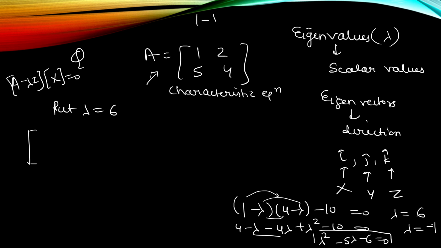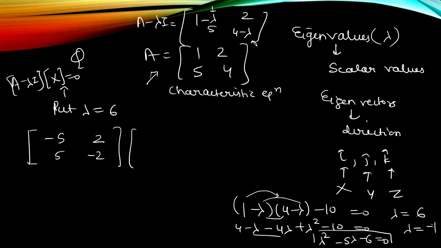A minus lambda I is 1 minus lambda, 4 minus lambda, 5, 2, right? This is your A minus lambda I form. So if you place lambda as 6 here, 1 minus 6 is minus 5, 4 minus 6 is minus 2. And then your column vector x1, x2 equals 0. Then you can find out the values of x1, x2 by having two equations.